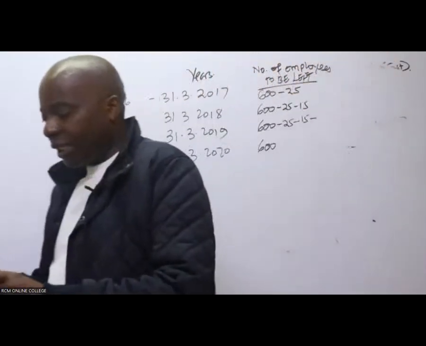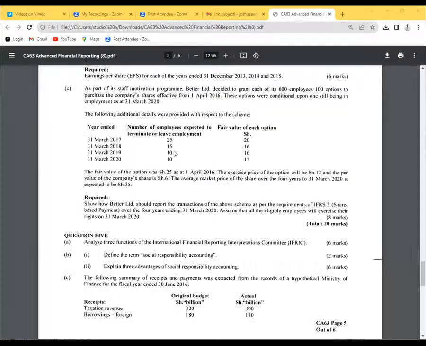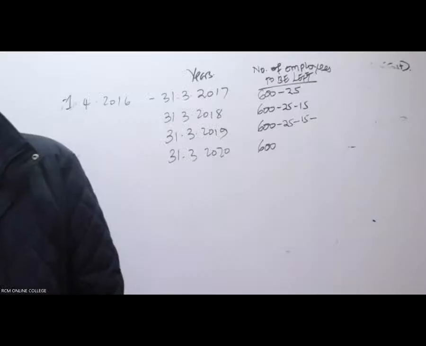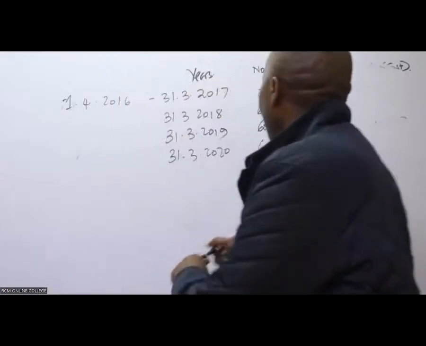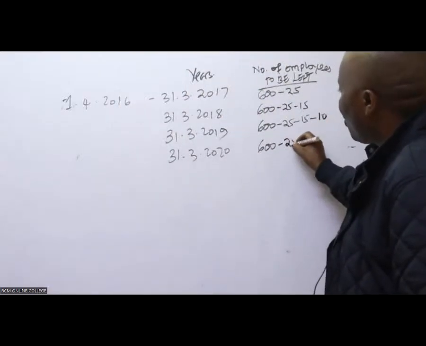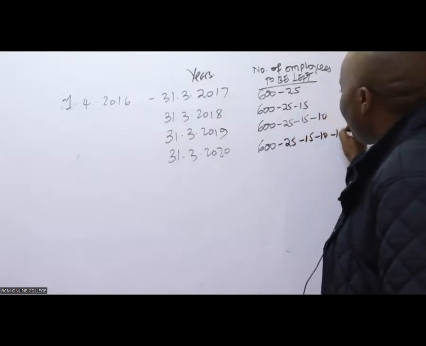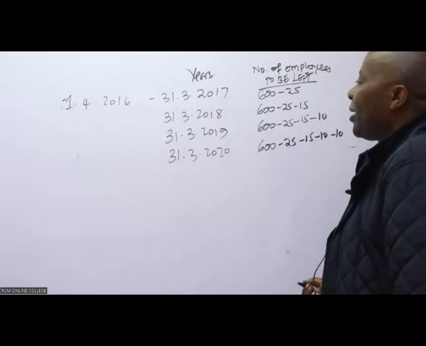In year number 3, the guys we expect to leave are how many? They've told us here, 10. So we have 10 in year number 3. Again, you go to year number 4, the last one, minus what we lost here, minus what we lost there, minus this, and we expect to lose 10 again there.